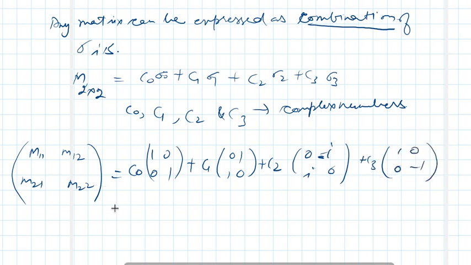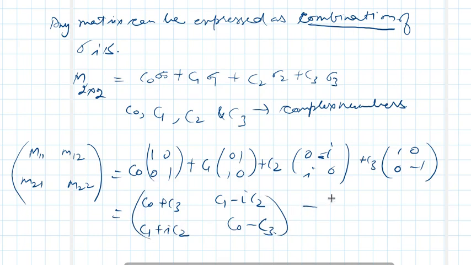That means this simplifies to [C naught + C3, C1 - iC2; C1 + iC2, C naught - C3]. Let me call this equation number 1.